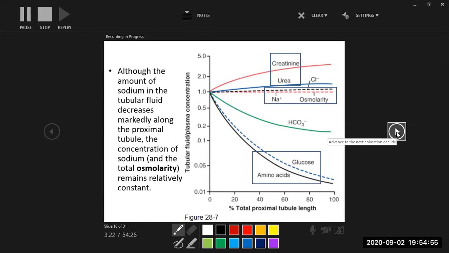And that isotonic solution is pretty much the same in the plasma, in the beginning of the Bowman space, and to the end of the proximal convoluted tubule. So they basically remain isotonic throughout the proximal convoluted tubule. It's going to change later, but in this portion, it's the same. It remains isotonic.